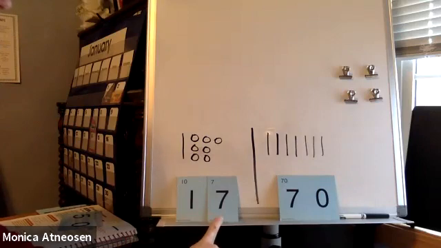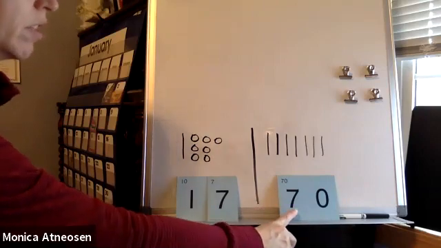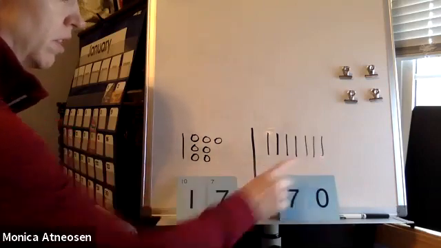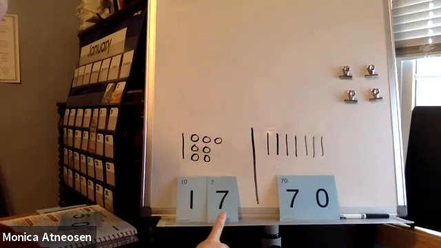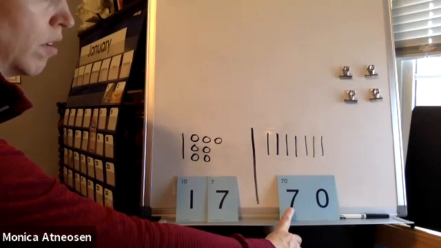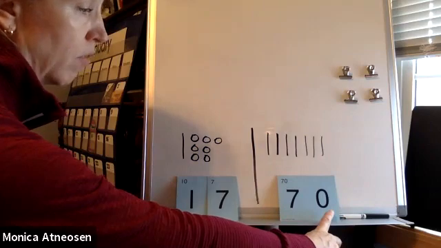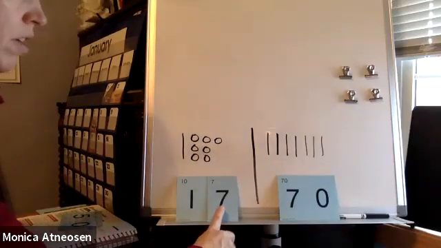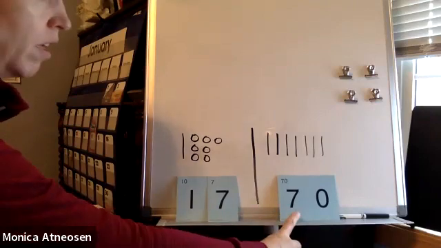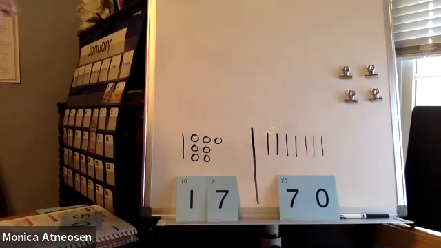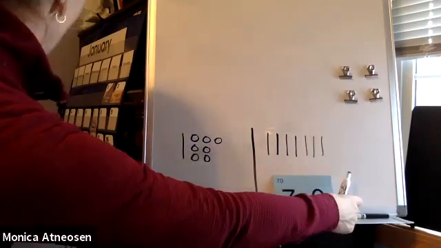Over here, the 7 is in the ones place, so there's 7 ones. Over here, the 7 is in the tens place, 7 sticks of 10. I see what's happening. The tens place is first, the ones place is second. And the 7 has moved. First he was in the second place, or the ones, then he was in the first place, or the tens. Let's try one more of those.